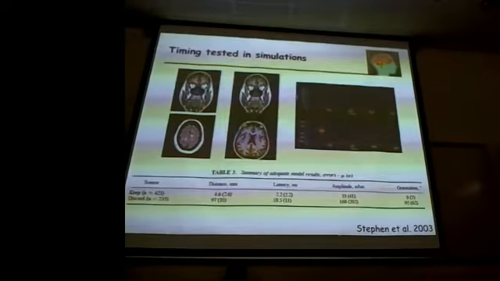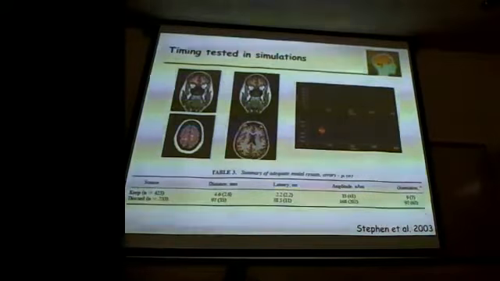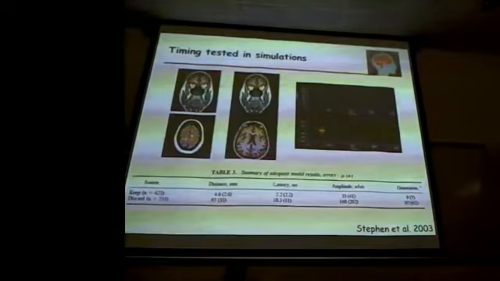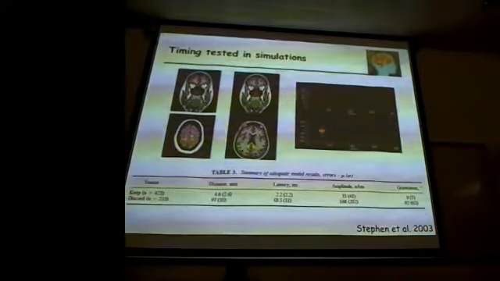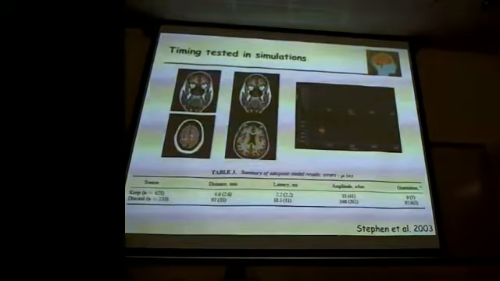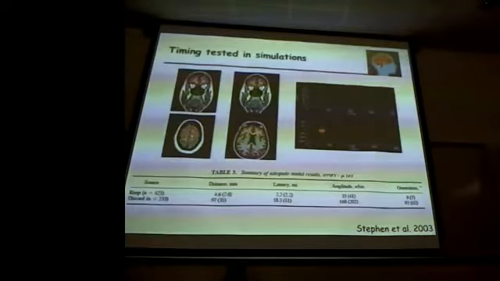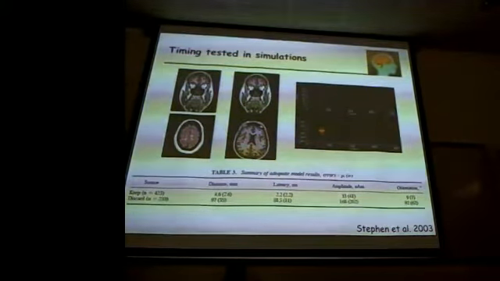So the resolution or the error in our source localization was about 0.5 centimeter for this particular study. But what I wanted to point out is the latency. So what these algorithms are able to do is very precisely identify the latency of the simulated activity.